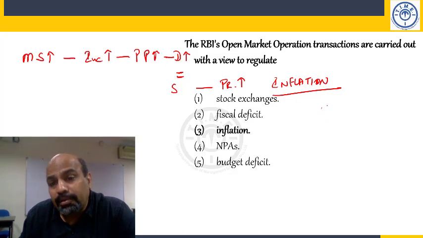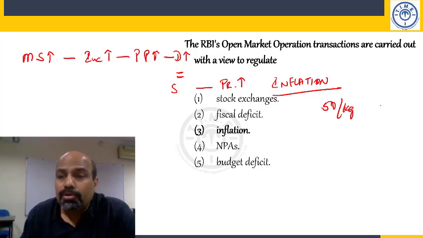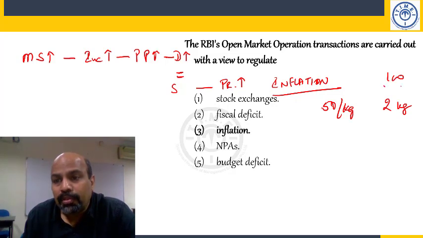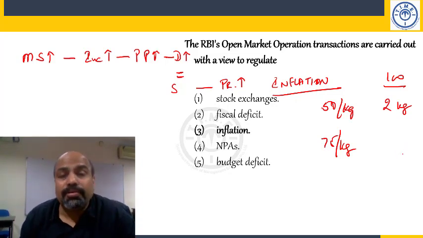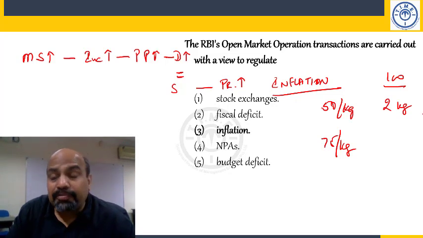Earlier, let's say, apples were 50 rupees a kilo. With 100 rupees, you could buy 2 kg. Now it's gone up to 75 rupees. So you buy less, about 1.5 kilo.